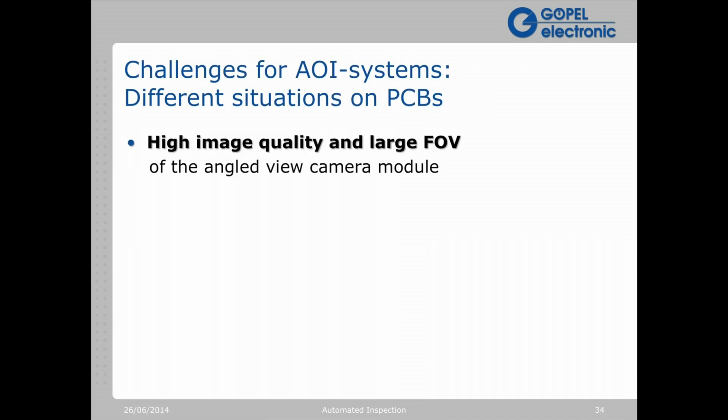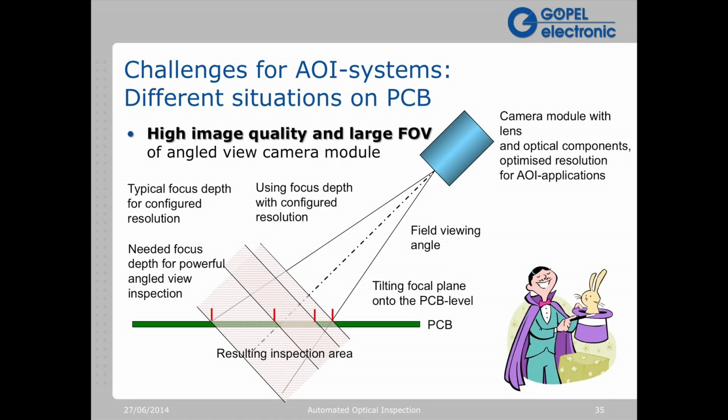Another challenge that's often encountered with AOI systems is producing angle view in combination with a large field of view. Typical angle view cameras utilize a focal depth that optimizes image quality.